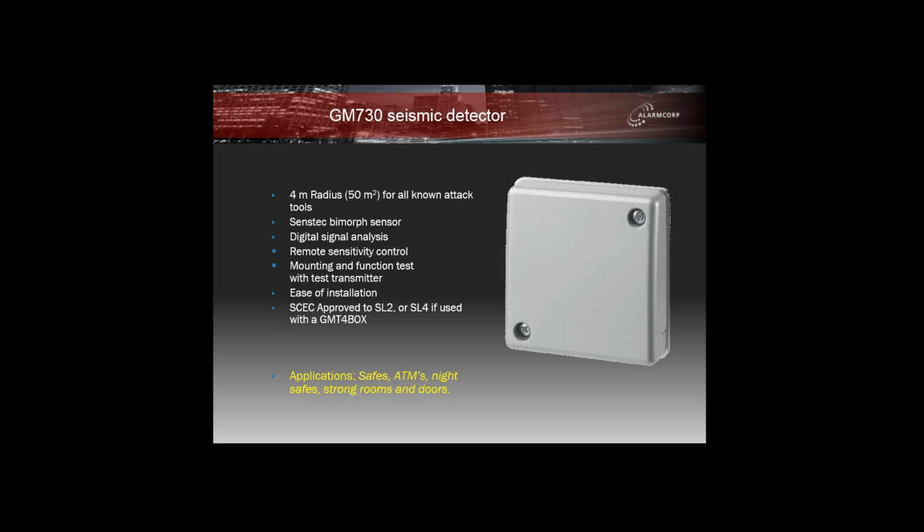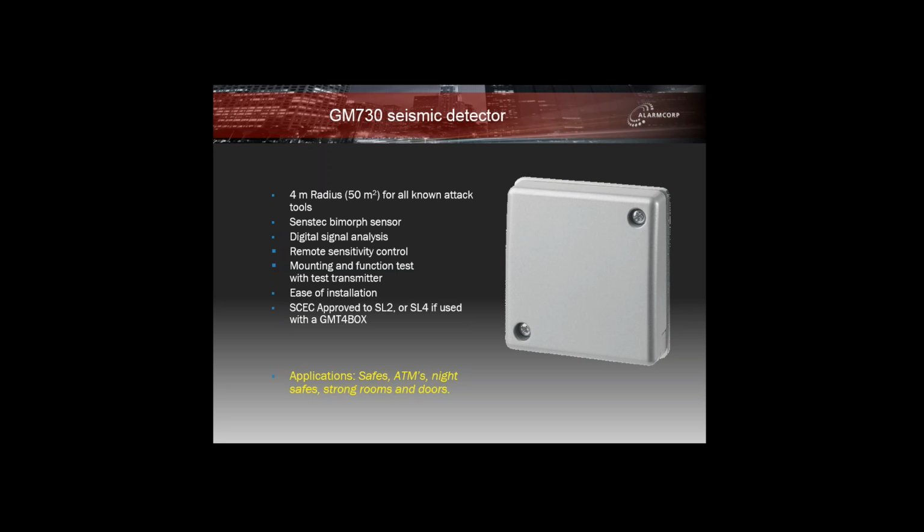Certainly these are very easy to install. There's only 2 screws on the inside which would be tapped typically into whatever it's mounted on. The GM730 is also SCEC approved. By itself it's approved to security level 2 or it's approved to security level 4 if it's used with a device called a GM-T4 box.